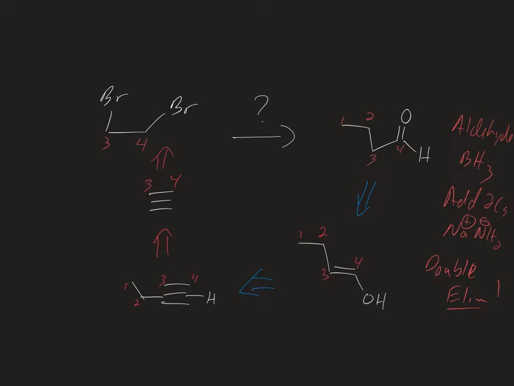Now going forward, to get the 2 pi bonds, we need to do excess Na plus NH2 minus. I do double elimination. For this step, I need step 1, NH2 minus again, and step 2, I need to add 2 carbons.